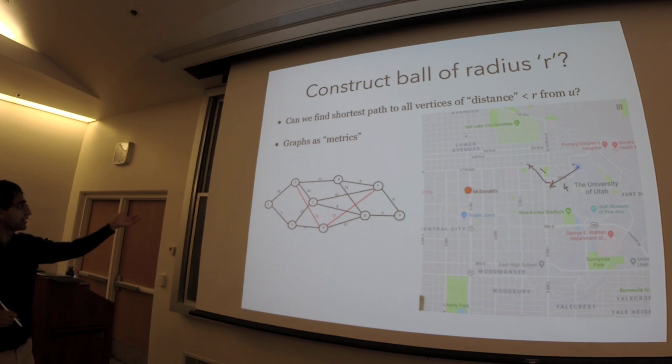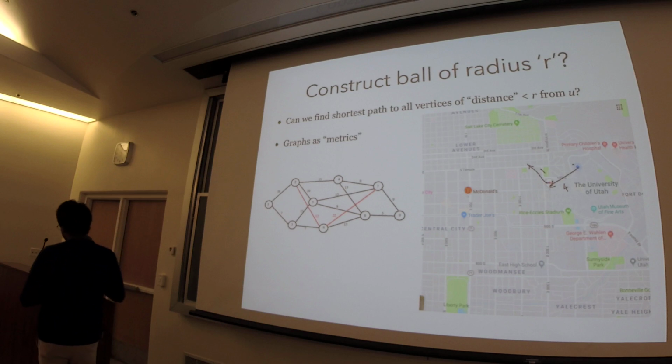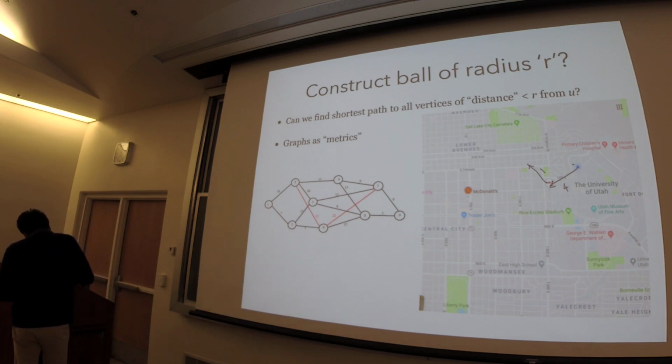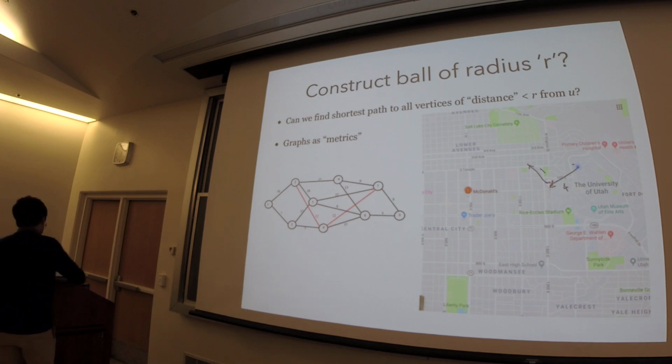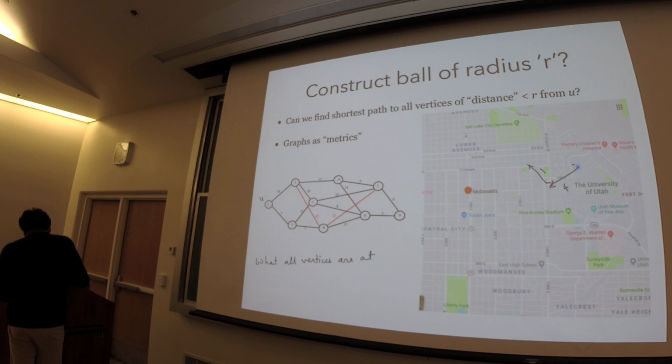So in this graph, for example, this is not directed, but let's assume that it's bidirectional. So in this case, if this was your view, if I tell you what all points are at distance less than or equal to 20 from you.